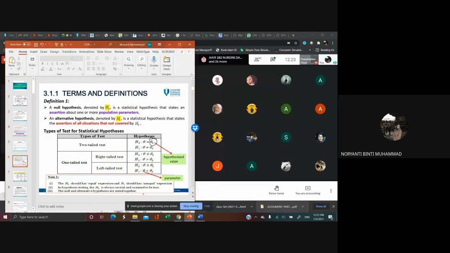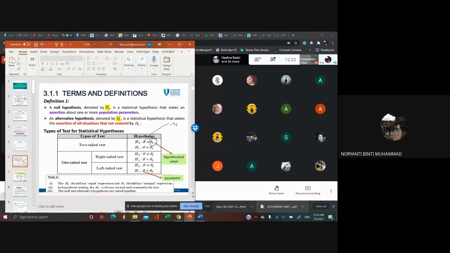This value is always given in the exam or in the question. This is a general term, theta, theta naught. Theta can be mu, pi, variance, or standard deviation. But since we are only until 3.2, we only have one mean at the moment.